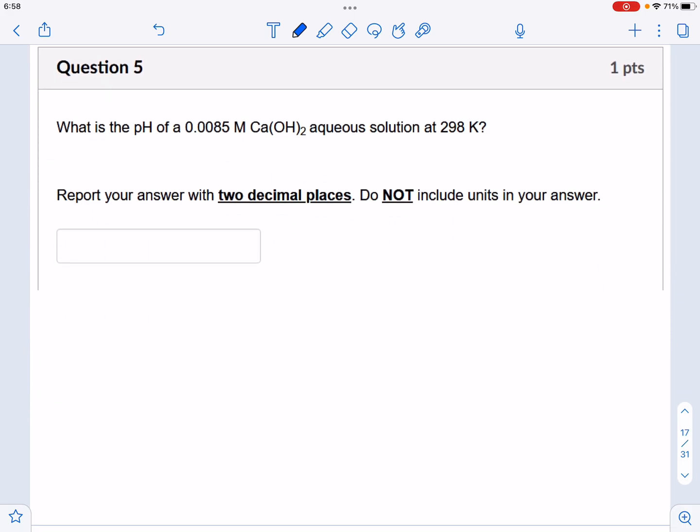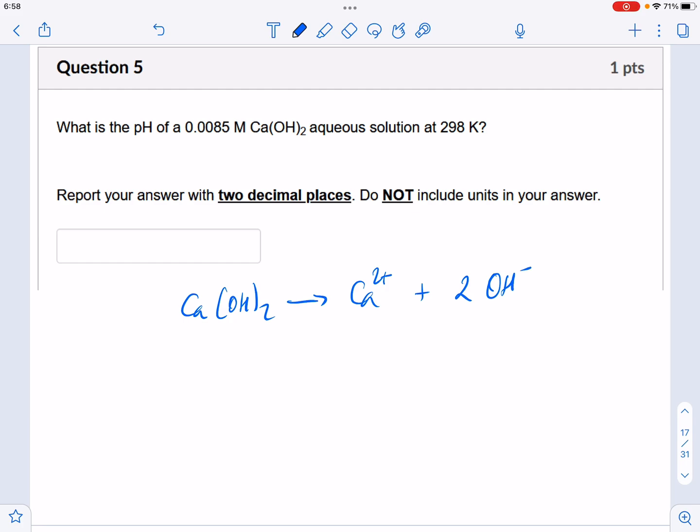Okay, what is the pH of a 0.0085 molar calcium hydroxide? So this is calcium hydroxide. In water it will dissociate into calcium 2 plus and 2 hydroxides.